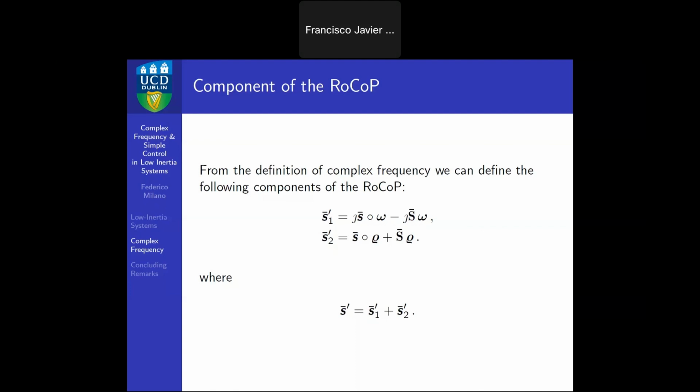Note that S1 and S2 are complex. So there is an active power component that depends on omega, and a reactive power component that depends on omega. There is an active power component that depends on rho, and a reactive power component that depends on rho. So, depending on how big these coefficients are, yes?